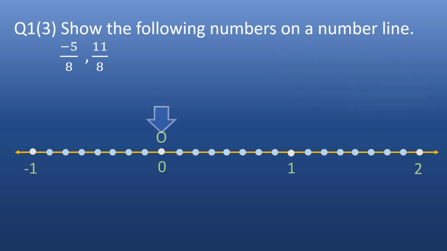Here, origin is associated with rational number 0 by 8. First mark on right side of the origin is 1 by 8. Second mark on the right side of the origin is 2 by 8. Third mark on the right side of the origin is 3 by 8.